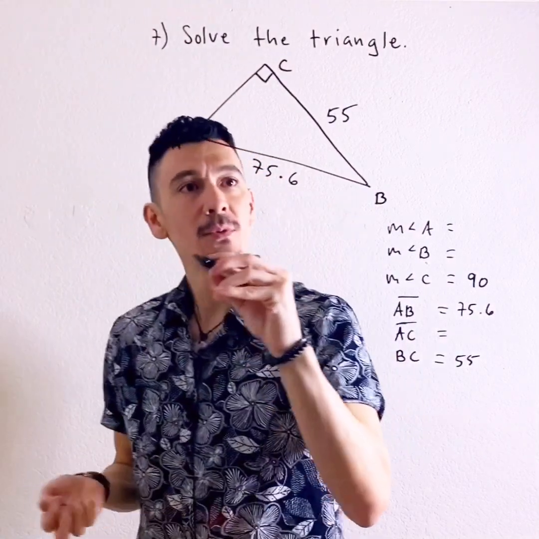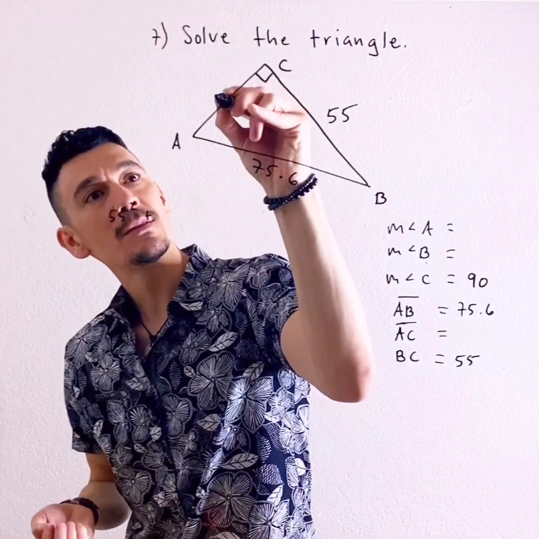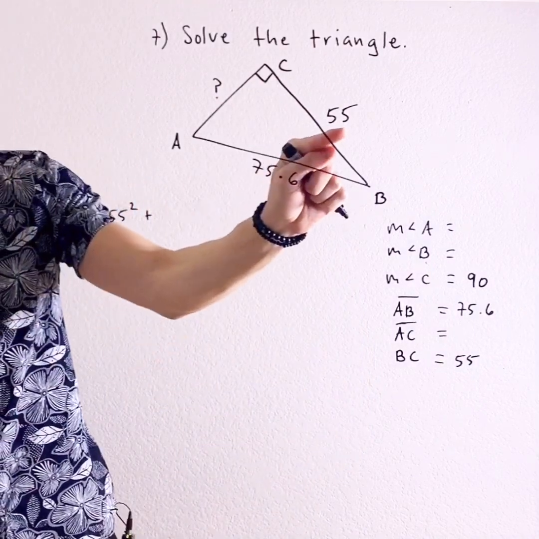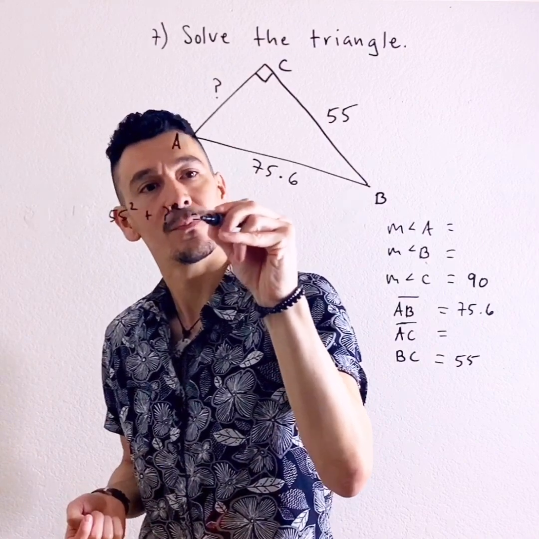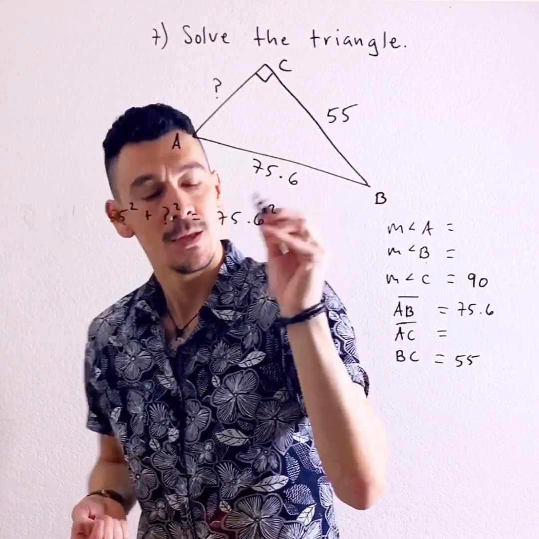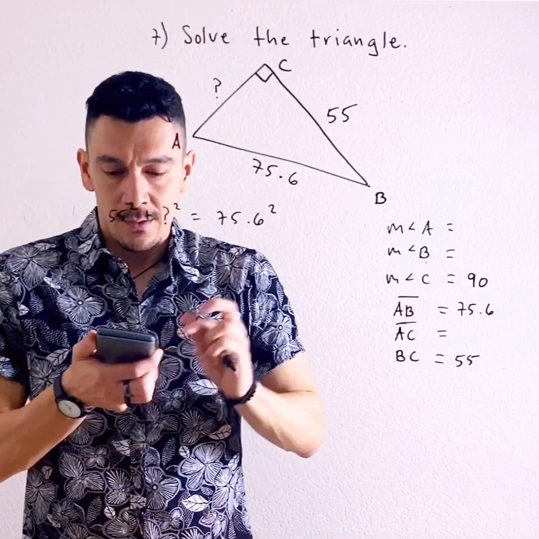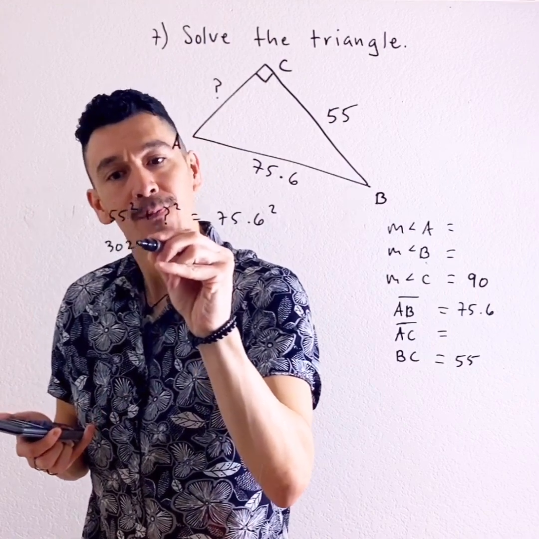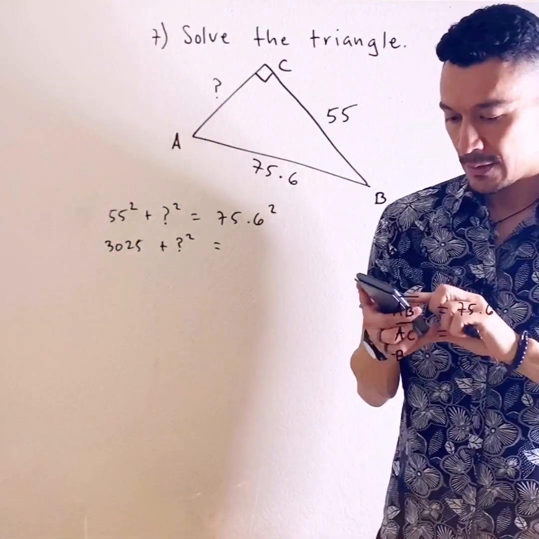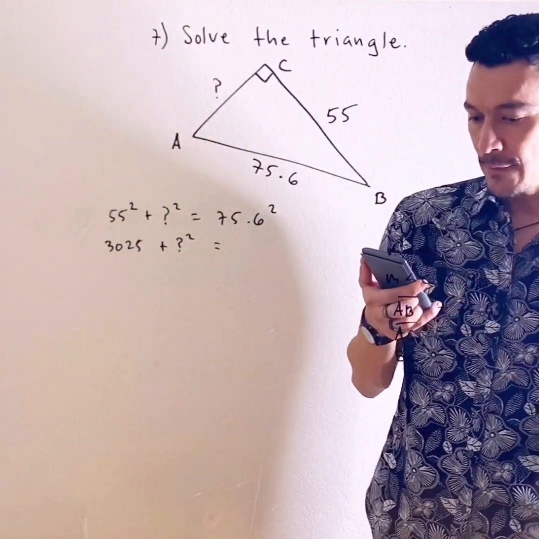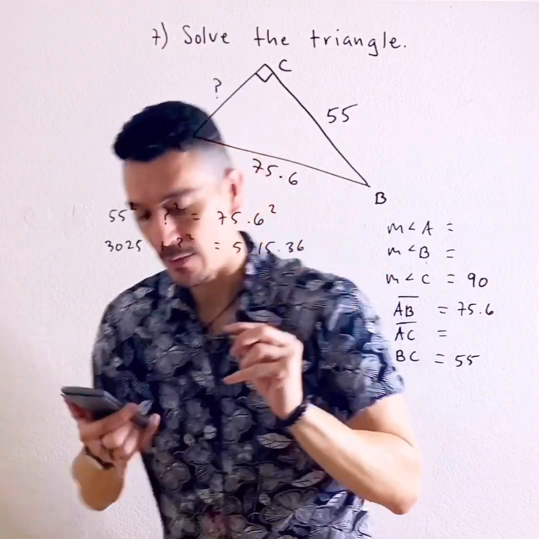Pythagorean theorem. So we have 55 squared plus, let's call this question mark. So this squared plus this squared equals this squared. Let's go Casio calculator. 3025 plus question mark squared equals 5715.36.